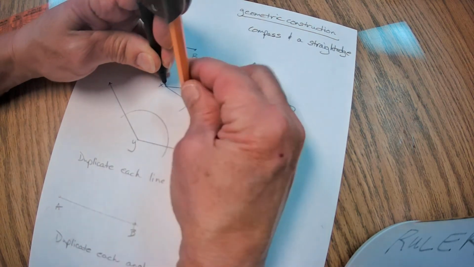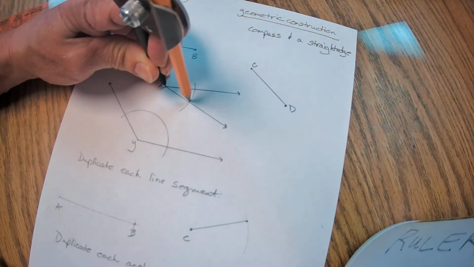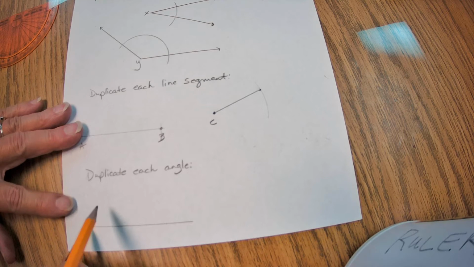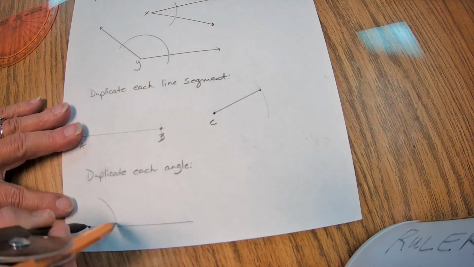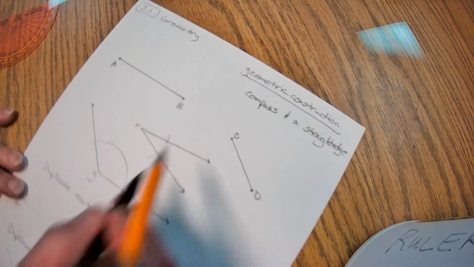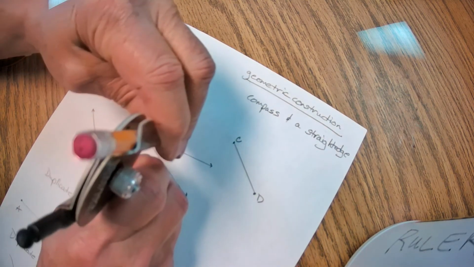I'm going to duplicate that, and it needs to be the same distance away from the vertex as it is in the original. So then you're going to come down here, and I'm just going to swing an arc like that. I'm going to come back up here and measure the opening where that arc is.